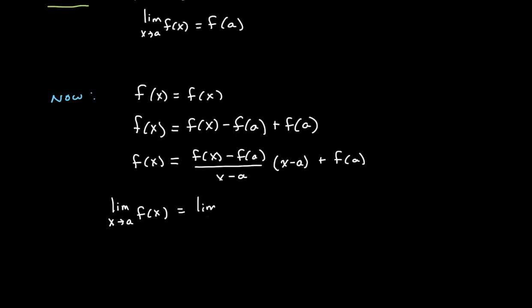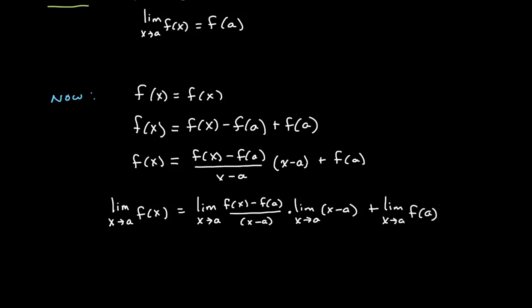So essentially, I'm distributing this limit statement to a couple of the expressions, and it will apply to this expression times the limit as x approaches a of this expression plus the limit as x approaches a of the final expression. Left-hand side is the limit as x approaches a of f of x.